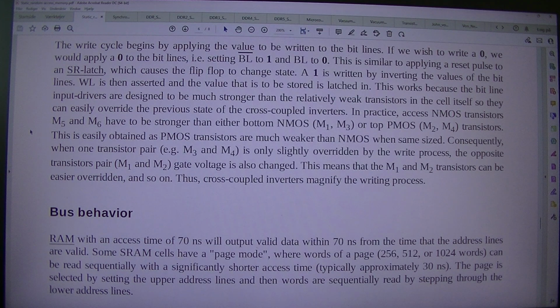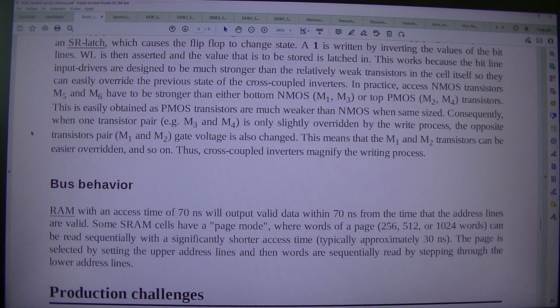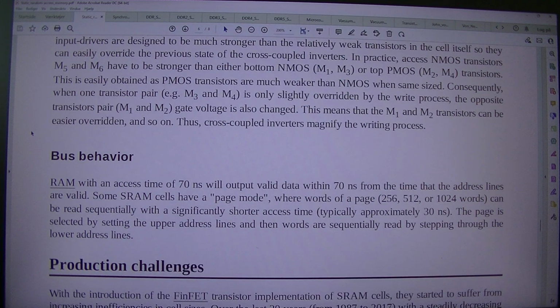In practice, access MOS transistors M5 and M6 have to be stronger than either bottom NMOS, M1, M3, or top PMOS, M2, M4, transistors. This is easily obtained as PMOS transistors are much weaker than NMOS when same-sized.